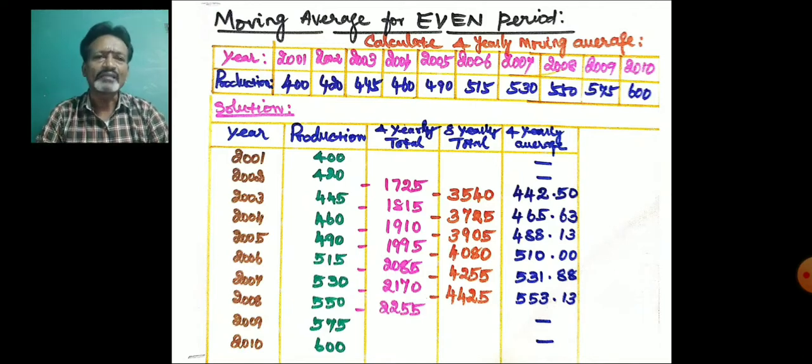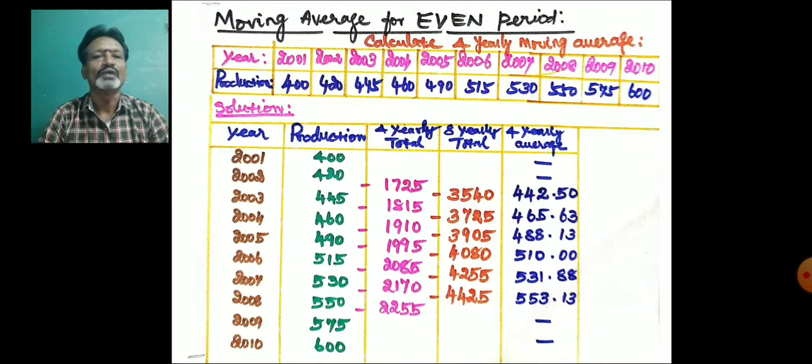Then after calculating, the 4 year totals are 1725, 1815, 1910, 1995, 2085, 2170, 2255. But here the values are not written exactly on the middle year. So now we have to find the middle year.